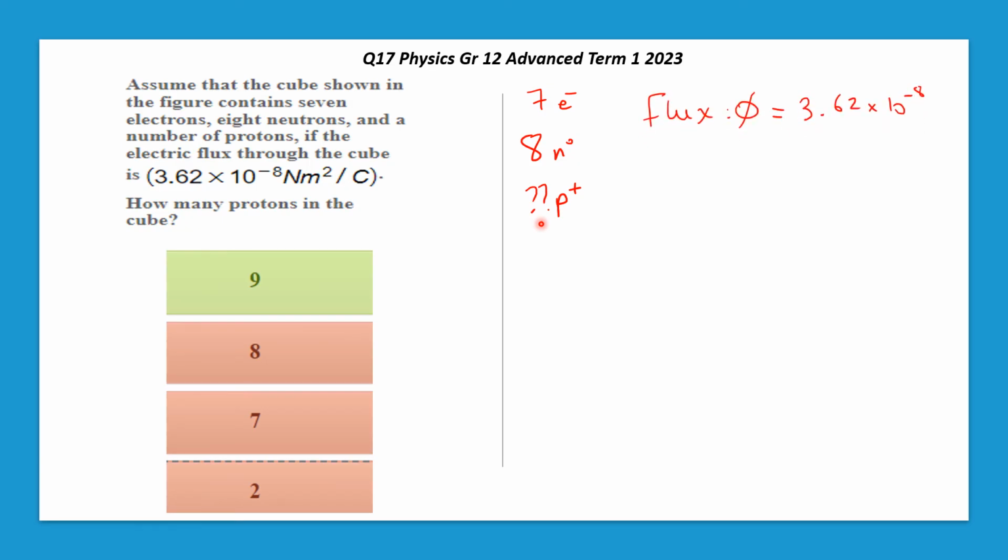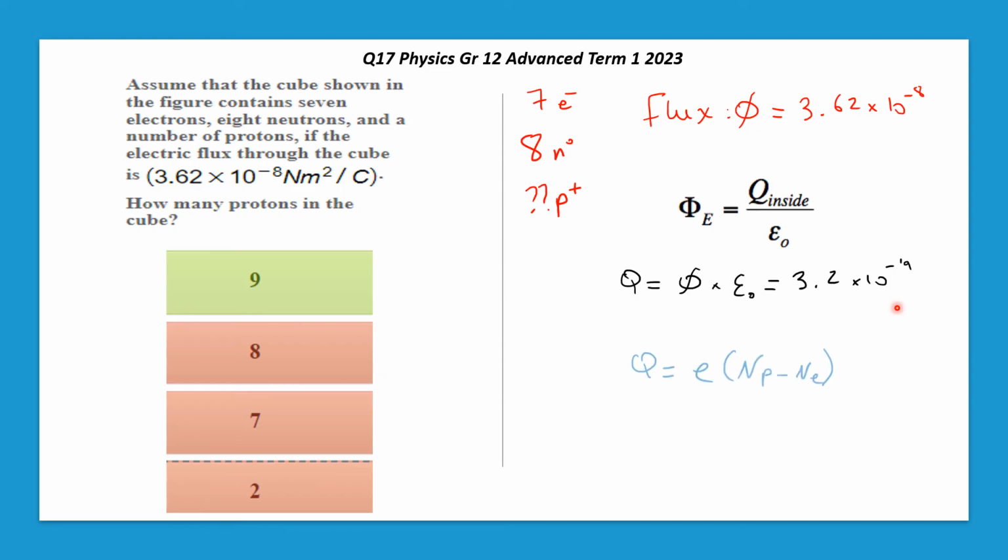Of course, that's the flux. We need to use the equation that combines the charge and the flux. Flux equals the charge Q over epsilon 0. So the charge will be equal to the flux multiplied by epsilon 0, and the answer is 3.2 by 10 to the power of minus 19 coulomb. But we didn't finish, because we need to find the number of protons.